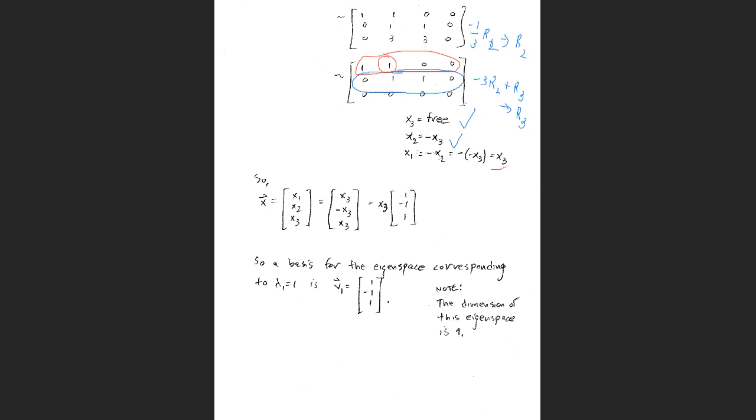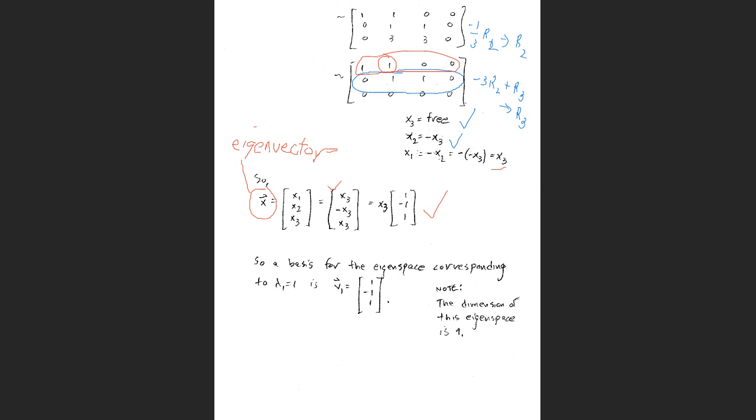So the vector x, which is the eigenvector, right? This vector x is the eigenvector. I write that in parametric vector form. x1 equals x3, x2 is negative x3, and x3 is x3, and then I factor out the scalar.